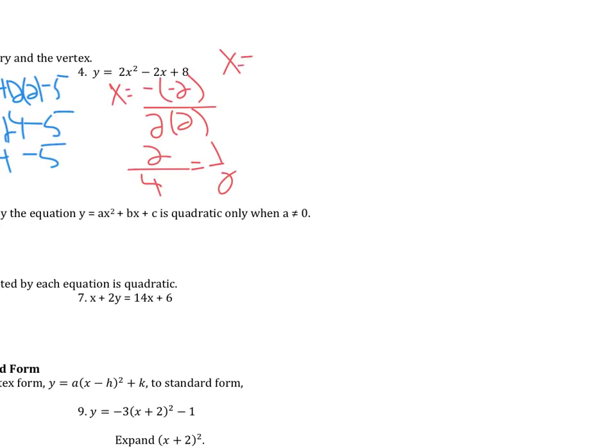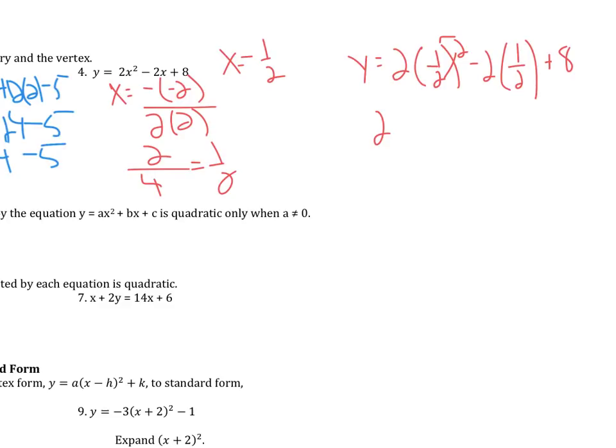So we'd say our axis of symmetry is 1/2. Then we want our vertex, so I'm going to substitute that value in. So the squared goes to the top and bottom, so 1 squared is 1, 2 squared is 4, so we get 1/4.